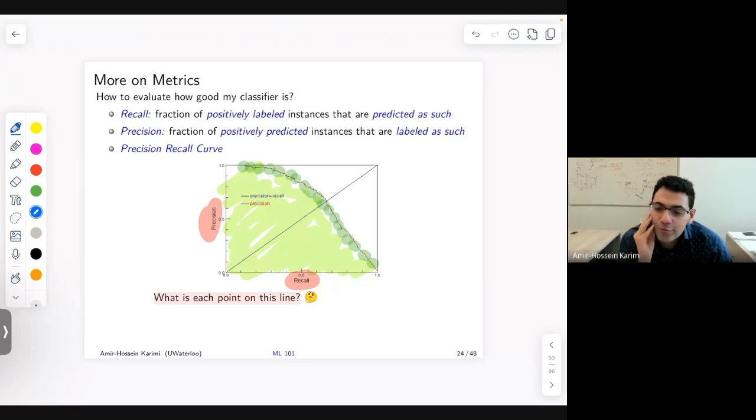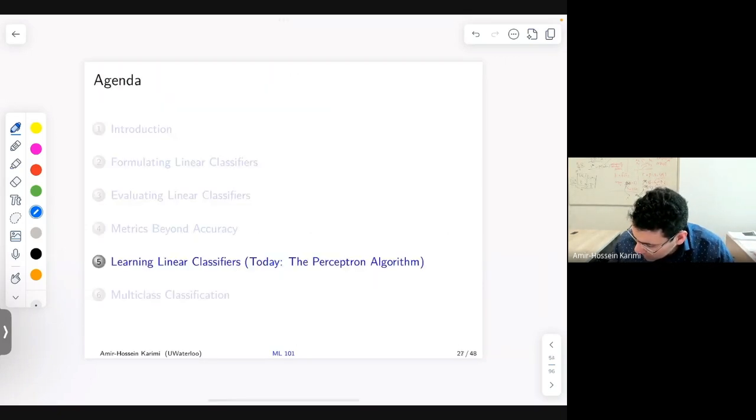And remember, the entropy for n variables is capped at what value? N bits, right? So if you want perfect balance, you want something very close to n bits for your entropy. Okay, excellent questions, excellent discussion. In the time that we have left, let's talk about the perceptron algorithm.